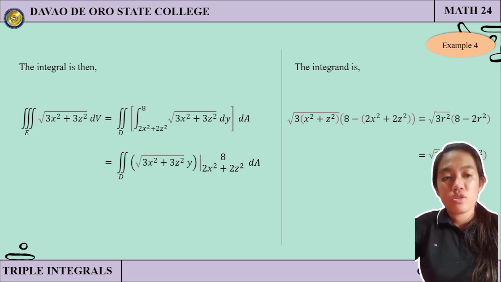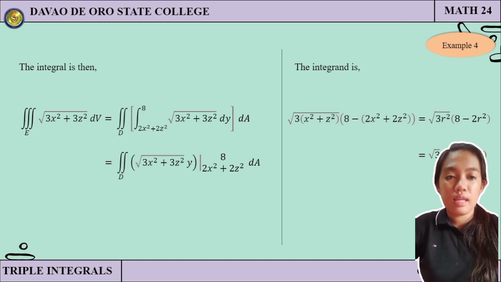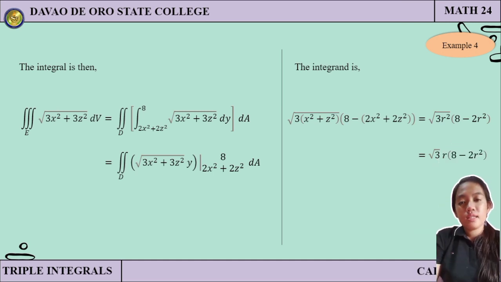We can always translate them over to the xz plane with the following definition. x is equal to r cos theta and z equals r sin theta. Since the region doesn't have y's, we will let z take the place of y in all the formulas. Note that these definitions also lead to the formula x squared plus z squared equals r squared.